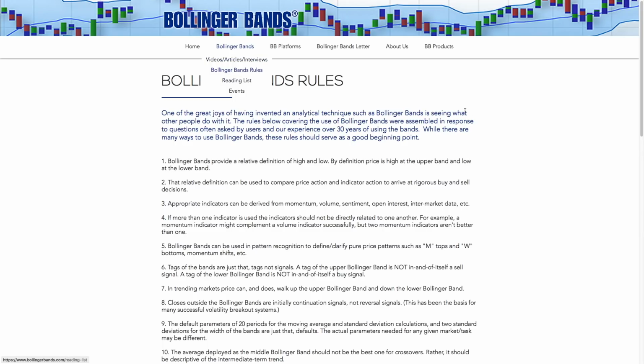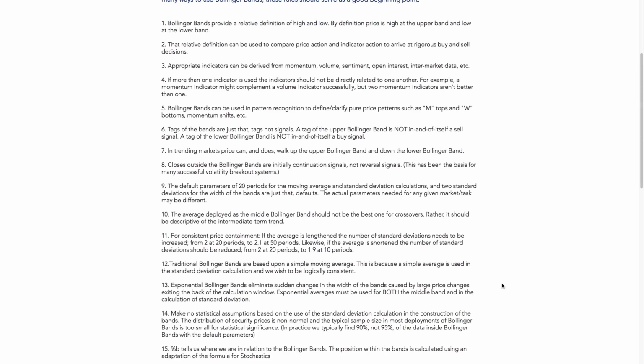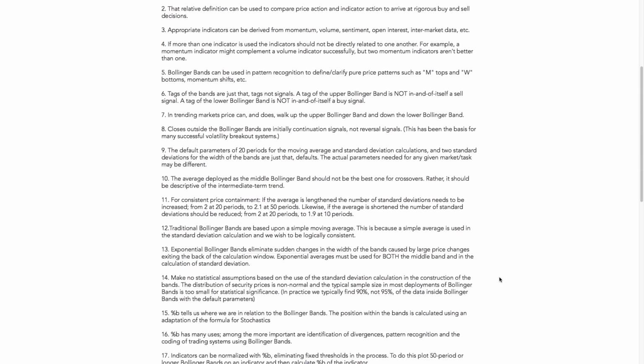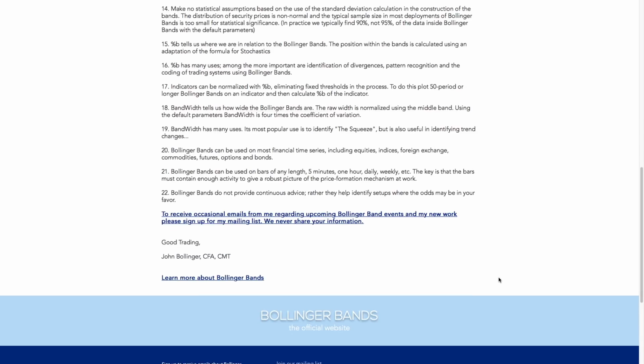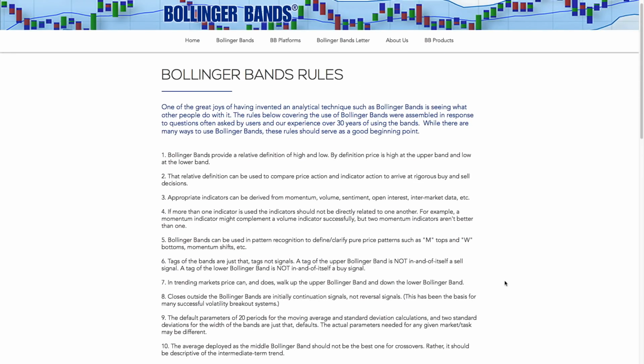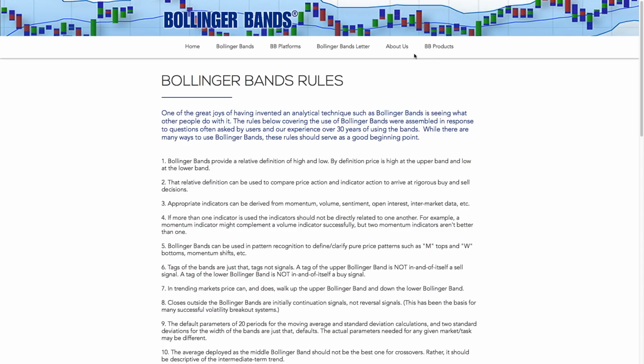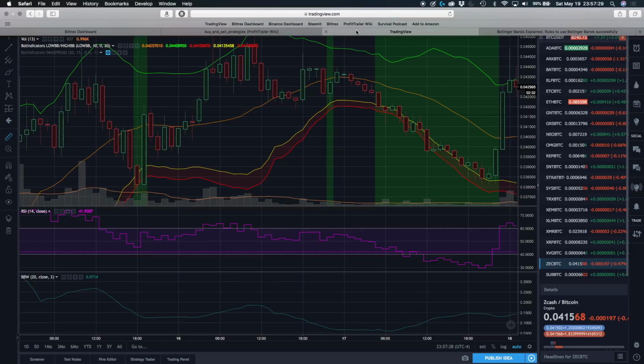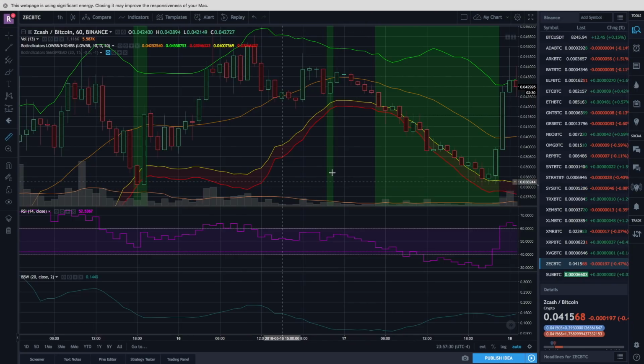You click the Bollinger Bands rules. It gives a good overview of how the bands are intended to work and what you can see with them and what you can't see with them. That's really what this is all about right here, and it gives a good overview of what the bands were really meant to be. So that's another really good resource for looking at Bollinger Bands in general.